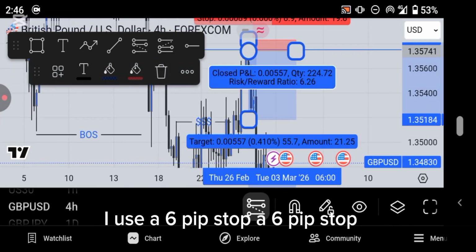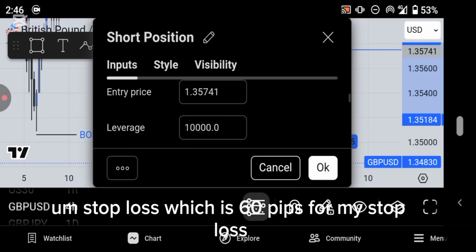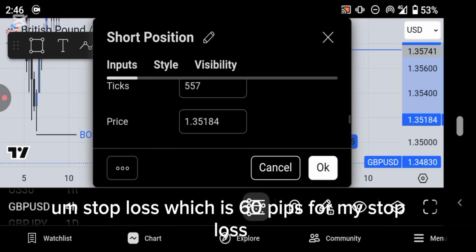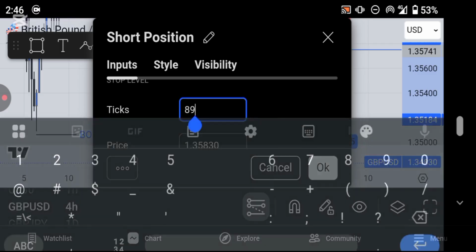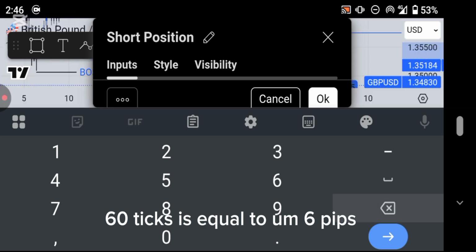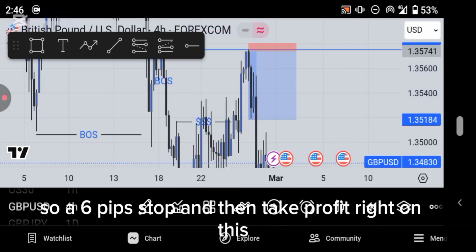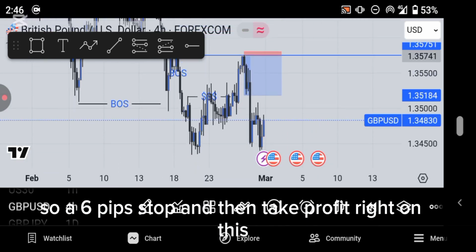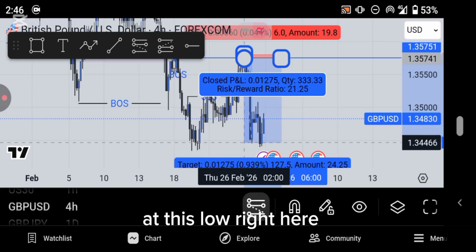I use a 6 pip stop loss, which is 60 ticks. 60 ticks is equal to 6 pips. So a 6 pip stop, and then take profit right at this low right here.